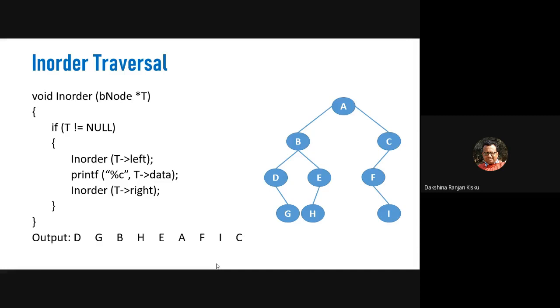So if we consider some random node, let us consider H. H is the node for which we need to find the in-order successor and in-order predecessor. Can you say what will be the in-order predecessor and in-order successor for node H?